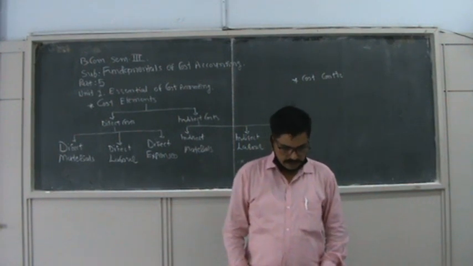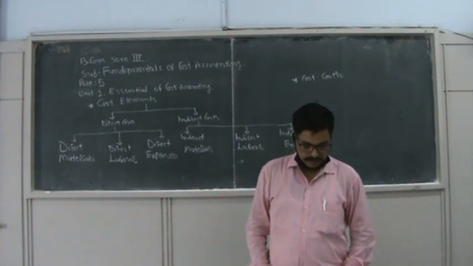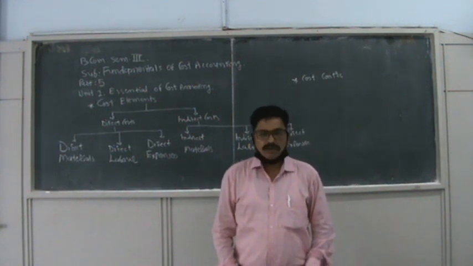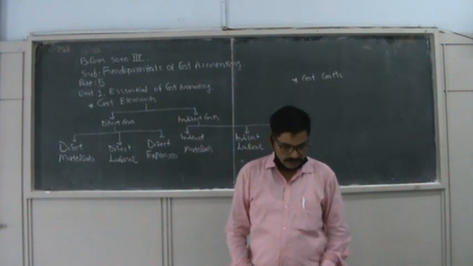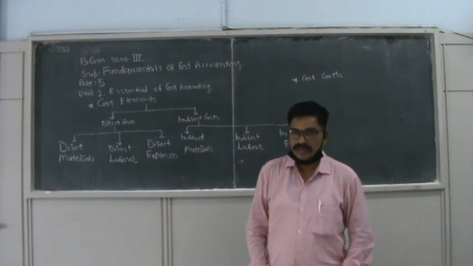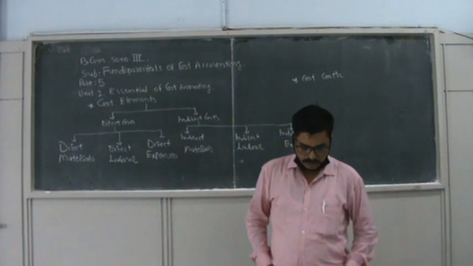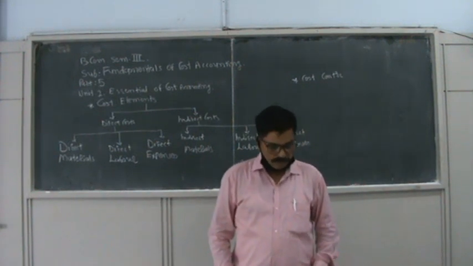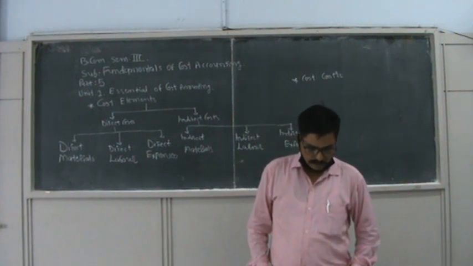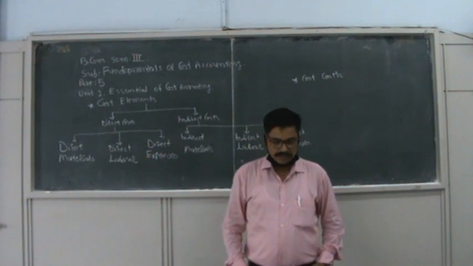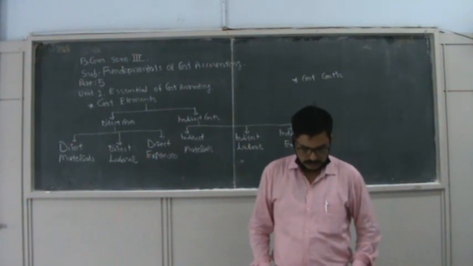So cost centers are primarily of two types. One is personal cost center, which consists of a person or a group of persons. Impersonal cost center, which consists of a location or an item of equipment or group of these. From the functional point of view, cost centers may be production cost center and service cost center.